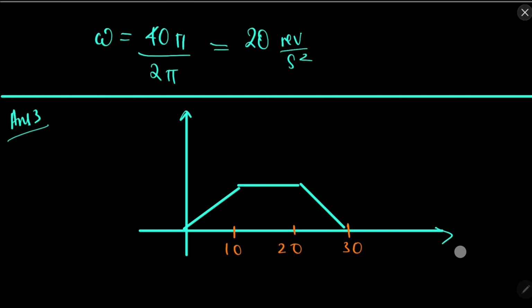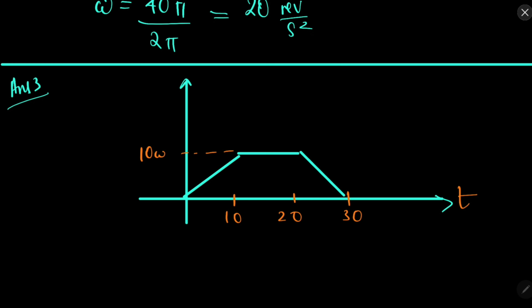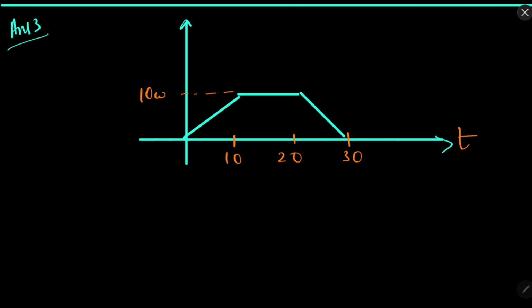This x-axis is time, and this value is 10 omega. So this is angular velocity. If you need to find the angular distance, then the area is to be found out. Just like in the linear case, in the velocity-time graph we used to find the area under the curve and it used to give us the distance.